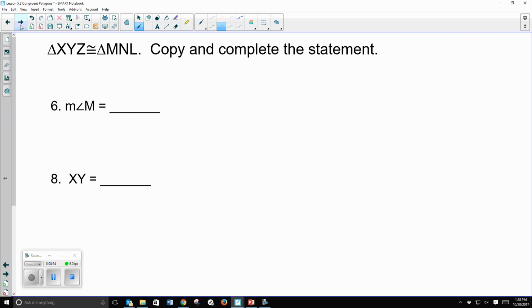I need you to open your book because I don't have the figure up here. I must have accidentally deleted them. Page 243. On page 243, number 6. What is the measure of angle M? I'm probably going to have to put them up here and we're going to run out of time.